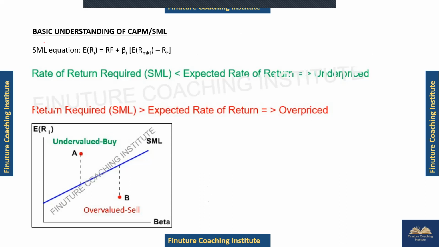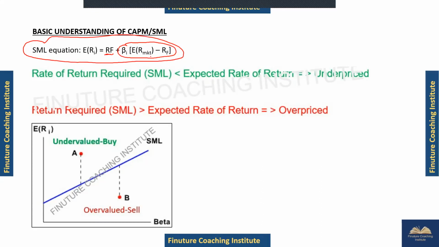Basically, your SML equation is, SML is a representation of the capital asset pricing model, and it talks about what your expected return on the stock is. The intuition behind this is, if you are investing in some stock i, how much return you will expect is determined by the risk-free rate, plus how much you earn over and above the risk-free rate, and this over and above is beta times the difference between market return and risk-free rate.